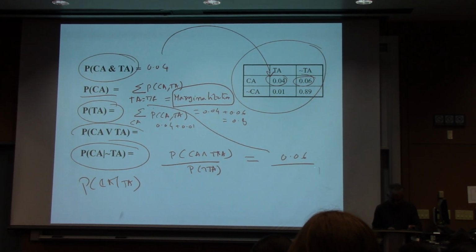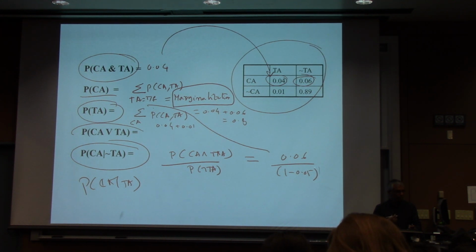Probability of TA is 0.05. Probability of not TA is 1 minus 0.05. That's the number. You believe me now, right? You believed it yourself before, but now you know that conditional probabilities can be done. And you can compute the other one too.